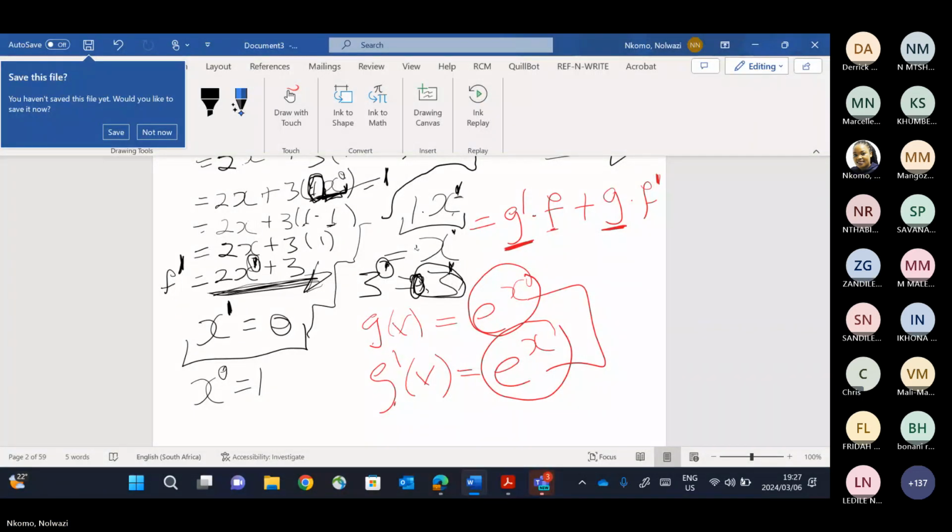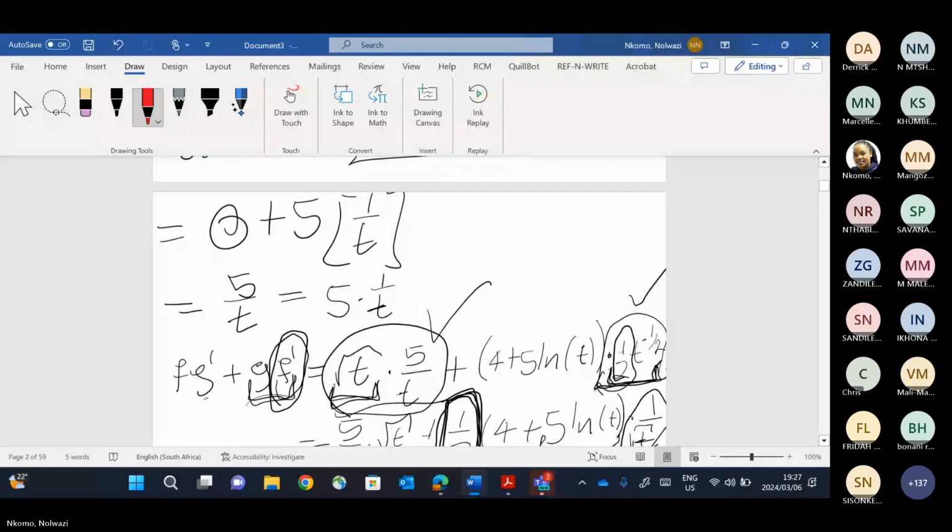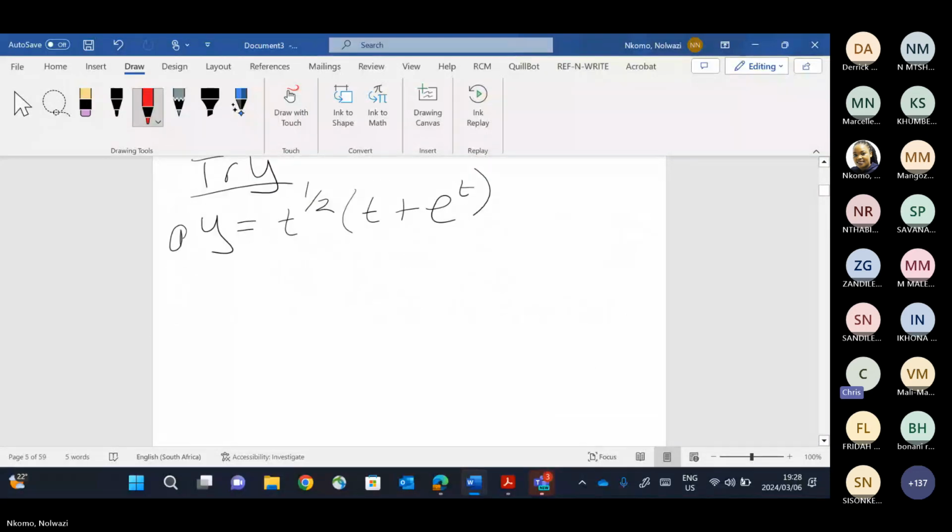Thanks. Yes. So, can we simply say that any exponent on e, when we do the derivative of it, becomes the same? It doesn't change.